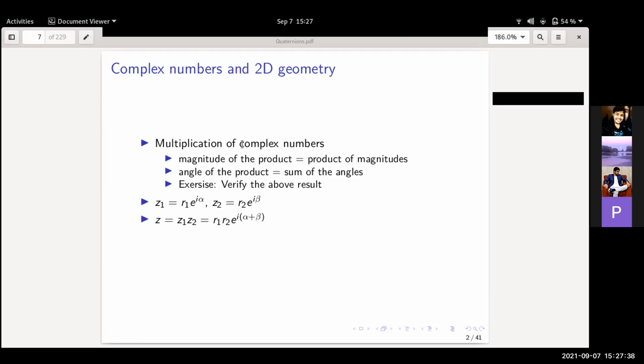So the vector Z1 has been rotated by an angle beta. Not only that, but its magnitude has also changed, or scaled by the magnitude R2. Or vice versa, you can assume Z2 being rotated by Z1 and amplified by modulus R1.